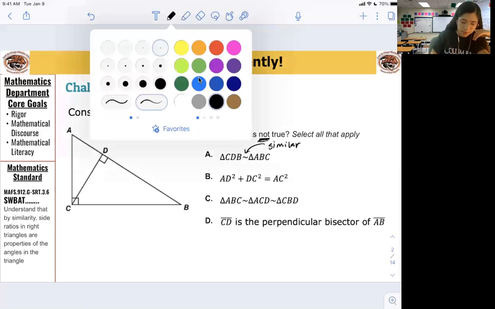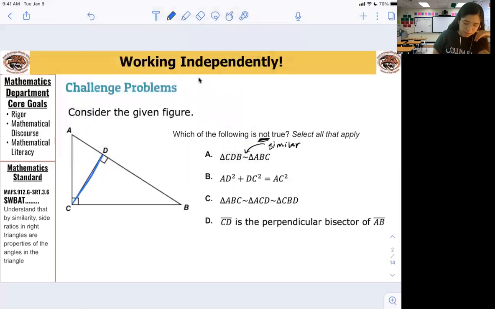Is CDB similar to ABC? So here's CDB. That one's 90. Here's ABC.